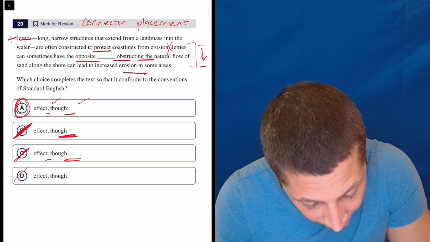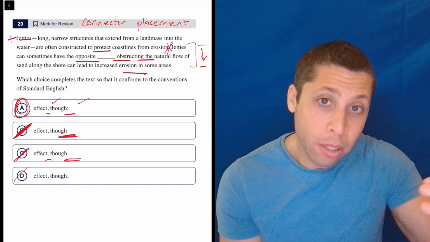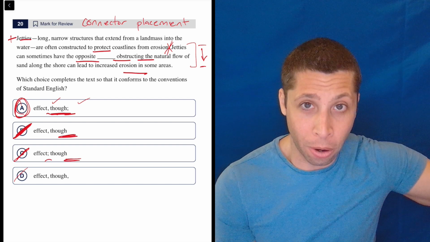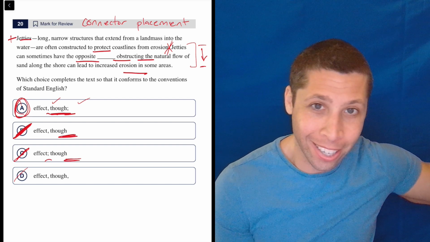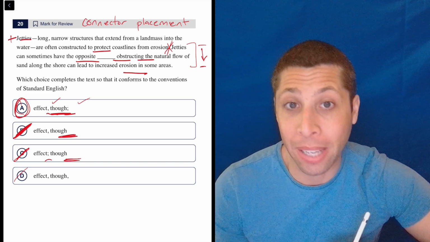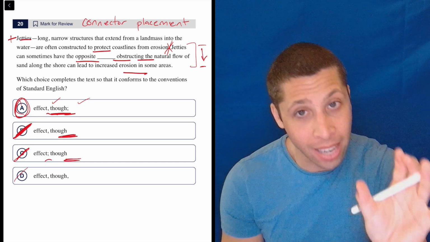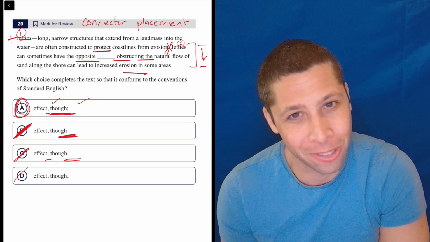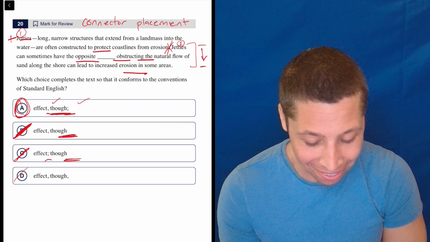It's right here, right? It's between those two ideas. Now, even though we are putting the word though at the end of that second part, it still has the same function as if it were a but right at the beginning. It is still contrasting that second sentence, starting with jetties, with the first sentence, which also starts with jetties. But there you go. You see my numbers there.